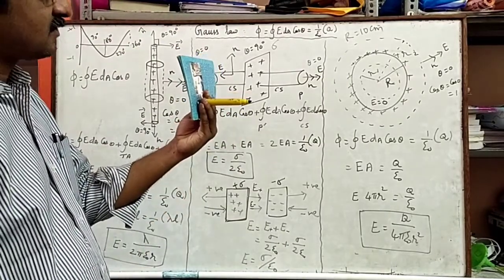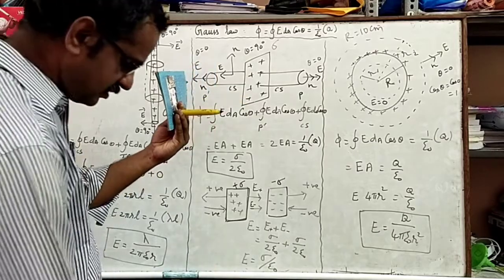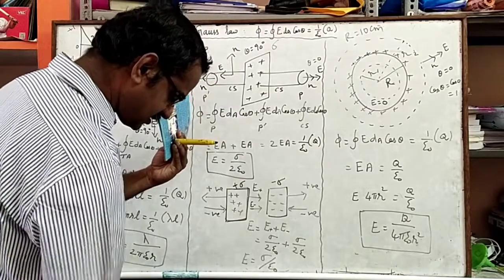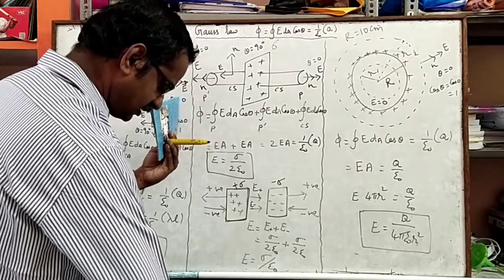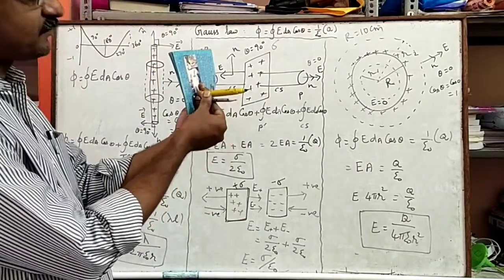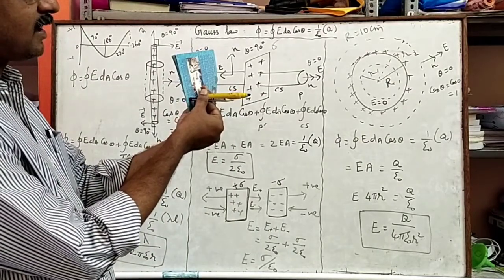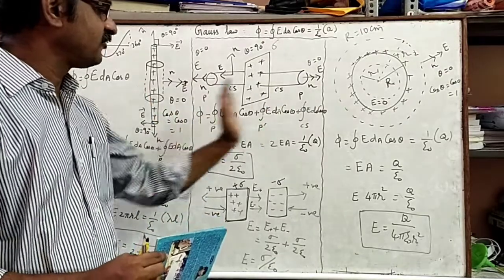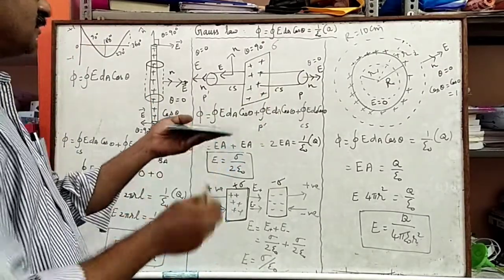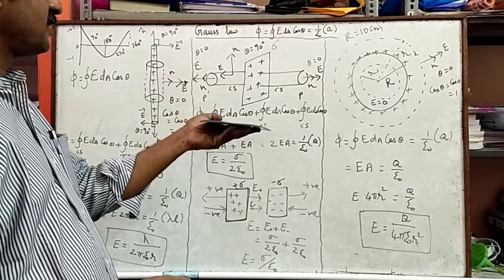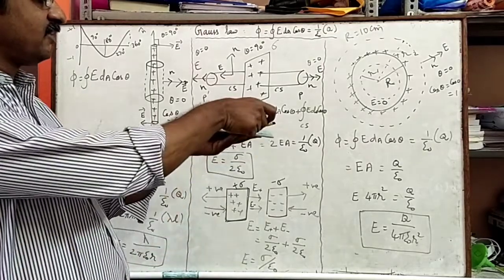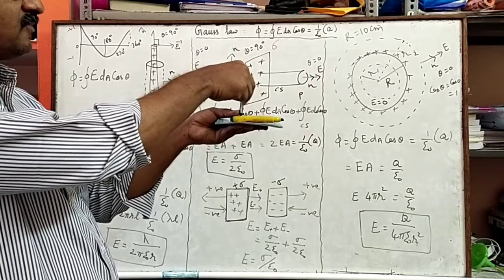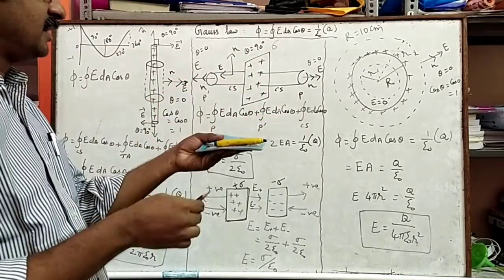The pencil indicates normal to the surface. Both are parallel. In case, imagine in the electric field direction, if the plate is kept like this, then electric field direction will continue in the same direction, and this will be the normal. Then theta is equal to 90 degree.